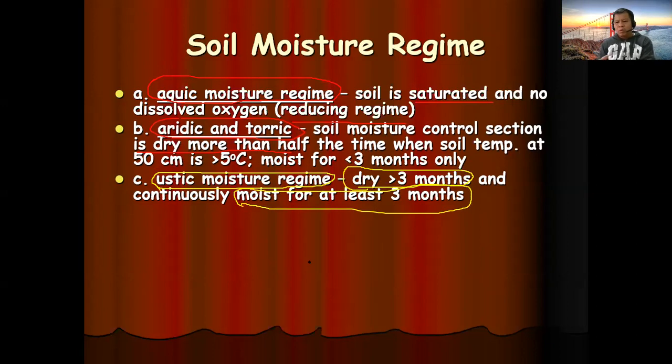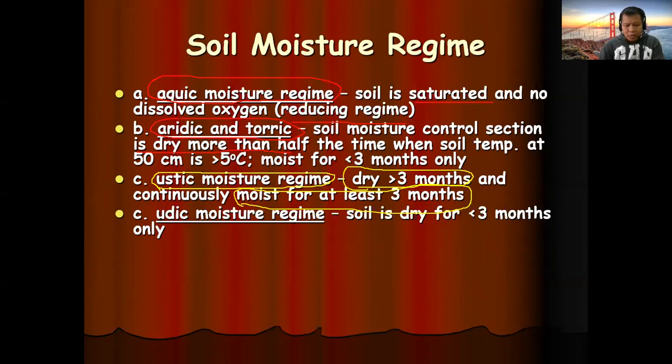So kung basa man siya ang lupa, so pinakamataas ng basa doon ang 3 months. But ang dry period niya is more than 3 months. So this is the ustic moisture regime. So ito yung mga lupa sa mga maiinit na lugar. Okay?